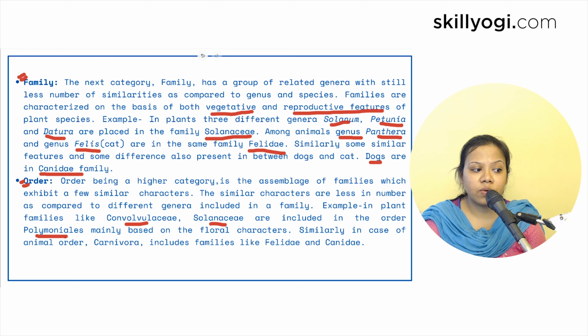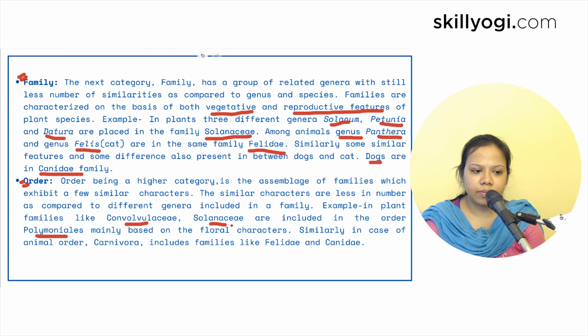What is the name of the order? That is Polemoniales. And Polemoniales comprises two families, Convolvulaceae and Solanaceae.